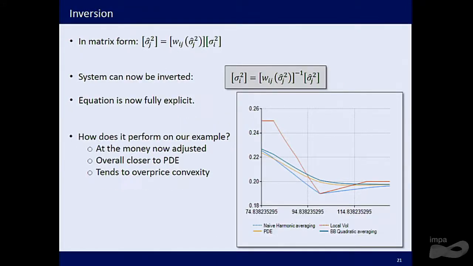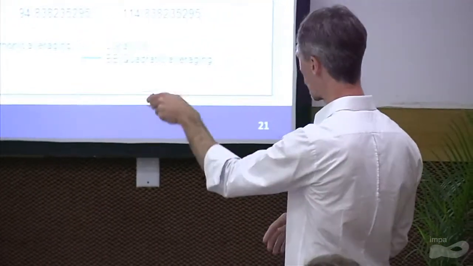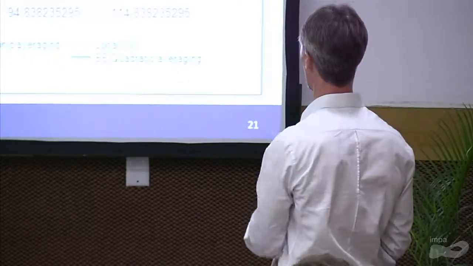And because you want to invert the system, you can, because you've made it a linear system. And now the locals are the inverse of this matrix of the implied. So now we've got a proxy to go from all these implied vols to a set of local vols. And those local vols are the breakpoints in my piecewise linear local vol.